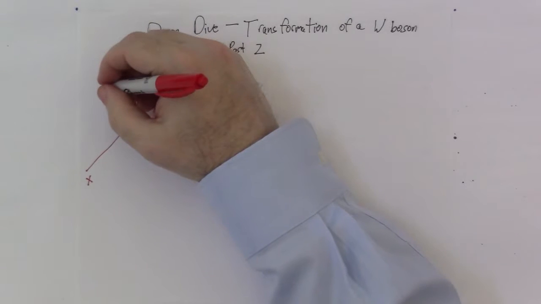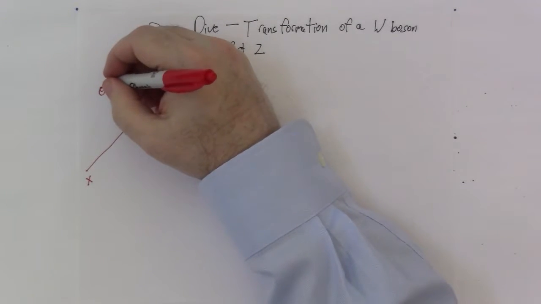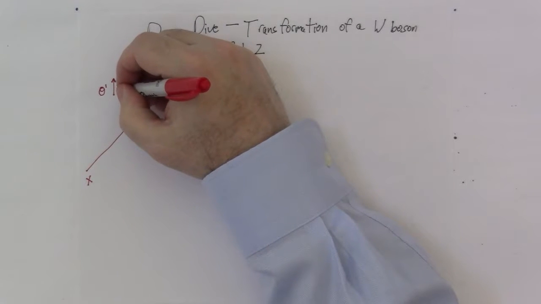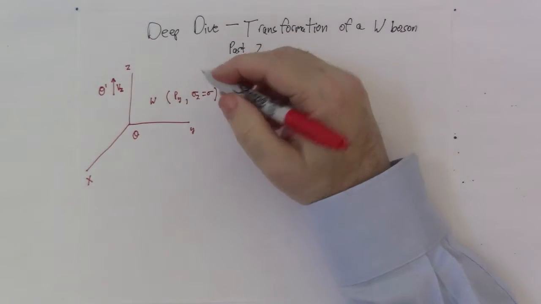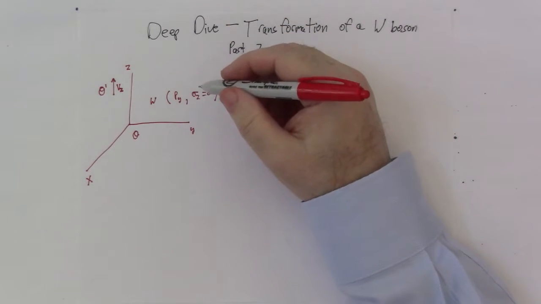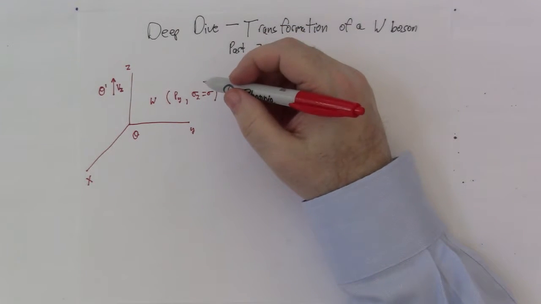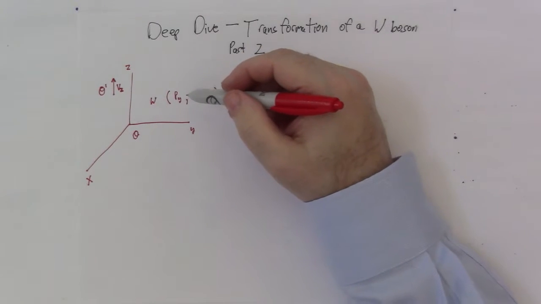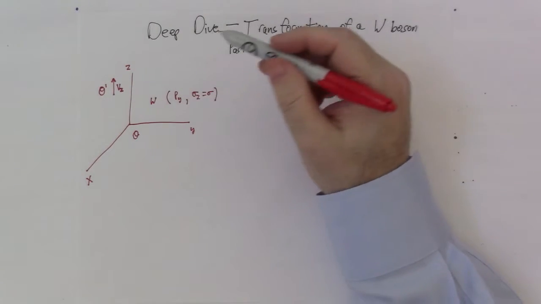And we have another observer, O prime, which is moving with a velocity Vz in the z direction, in the reference frame where O is at rest. And our problem is to determine how the W boson state looks in O prime's reference frame.